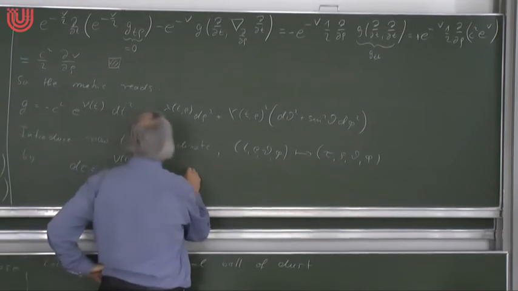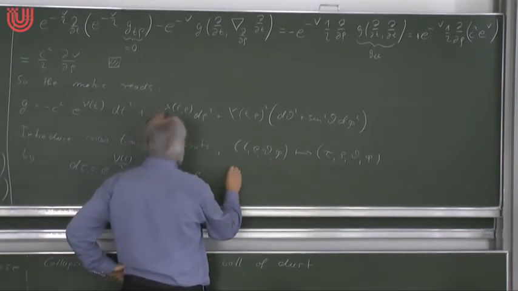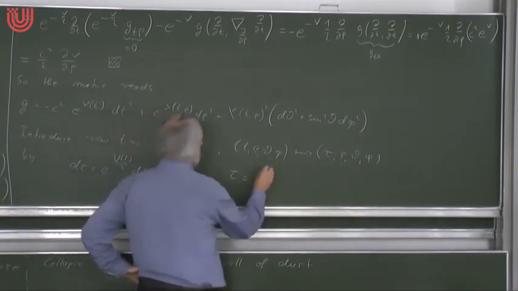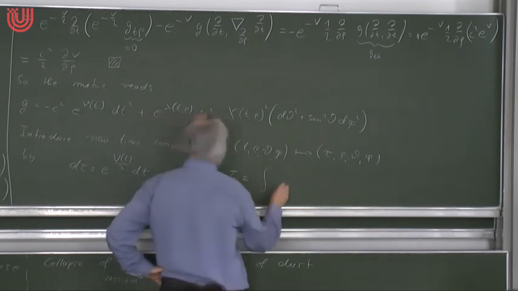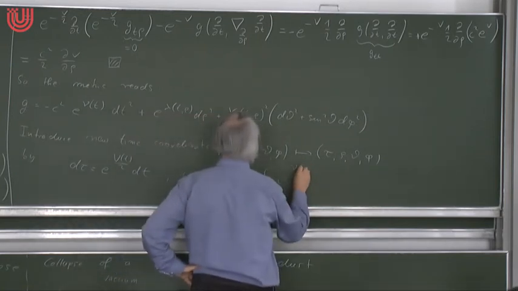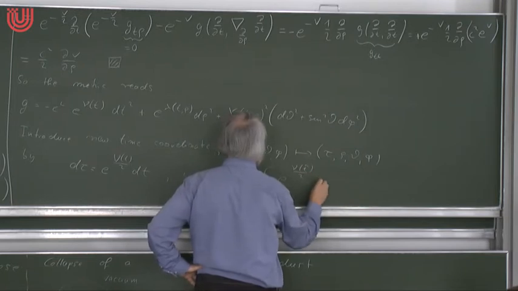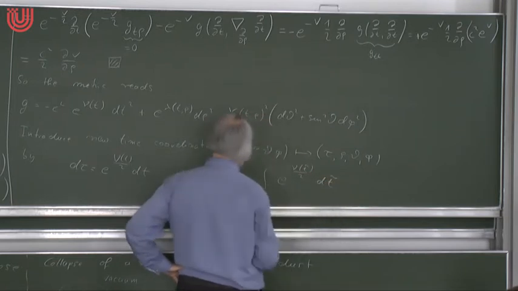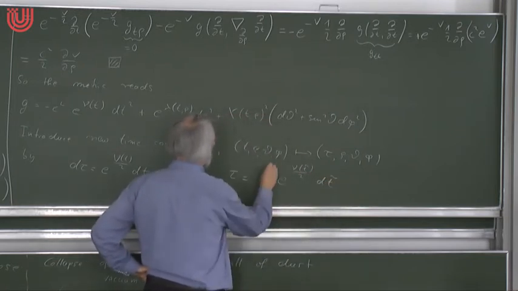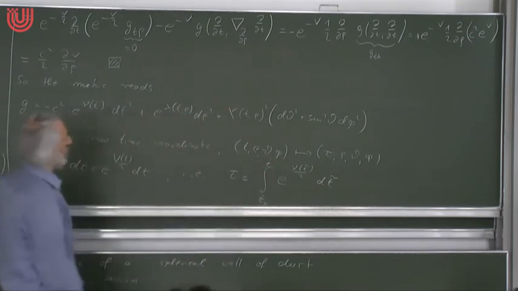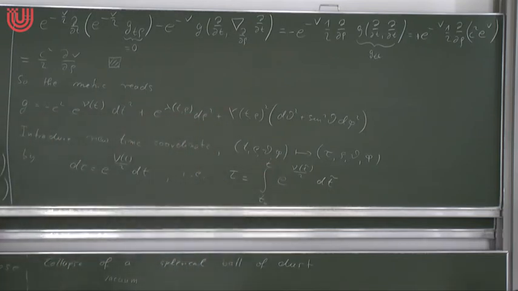So if you want to write it quite pedantically, you would write the integral of e to the nu of t tilde half dt tilde, starting at some integration constant and integrating up to t. Yeah, it's a transformation from t to tau.